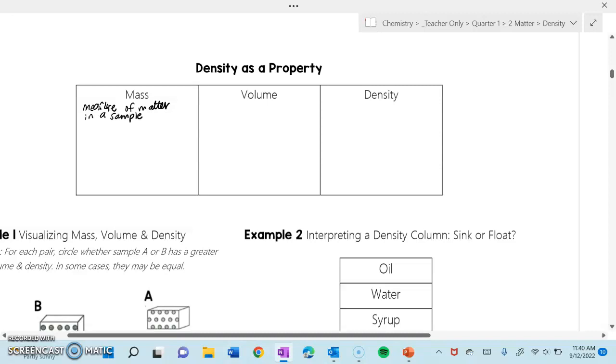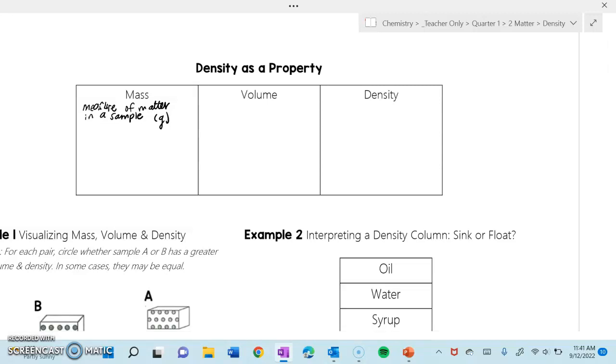And we measure that in grams or kilograms when we are working with mass. And in a particle diagram, each particle represents one unit of mass. So when we're visualizing mass, the more particles there are, or the larger particles there are, that would be more mass.